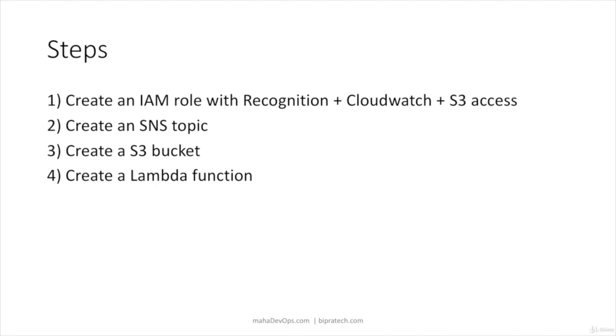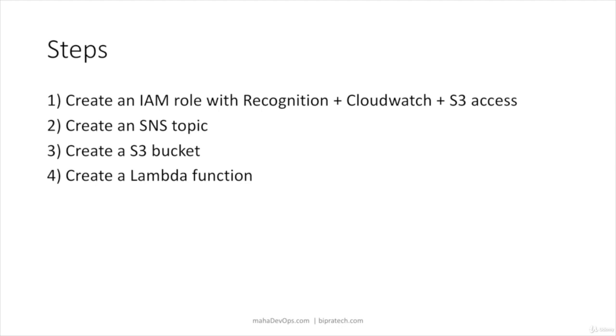So what are the steps? First of all, I will be creating an IAM role with Rekognition, CloudWatch, and S3 access for my Lambda function. Secondly, I will create an SNS topic that will let me notify myself with email whenever there is an upload and image recognition is done on an image.